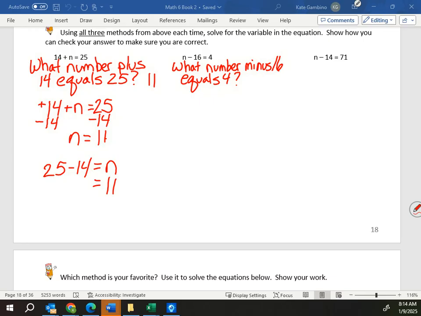So in our head, what number do we subtract 16 from to get to 4? Sarah? Say it louder. Did you say 20? Yeah. So if we did 20 minus 16, we would end with 4.